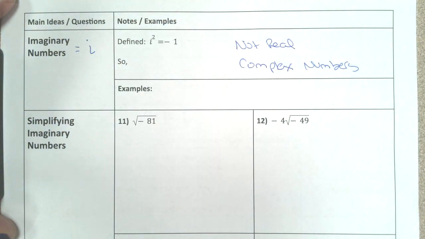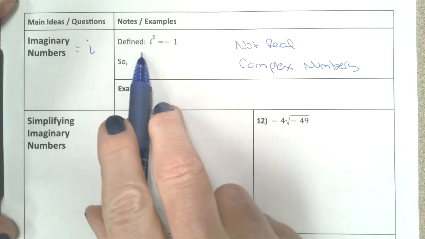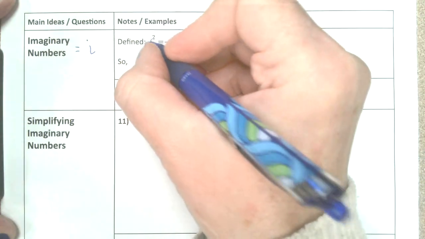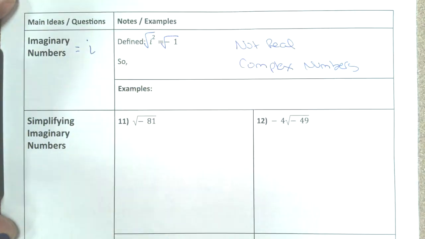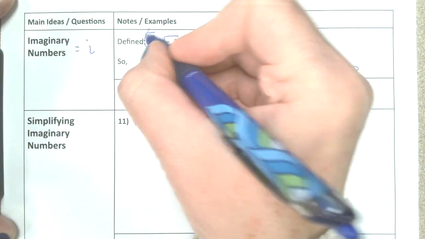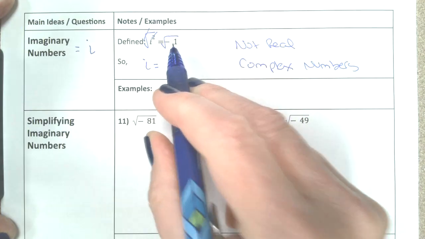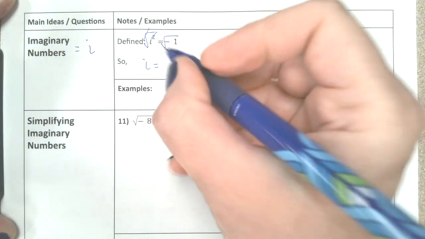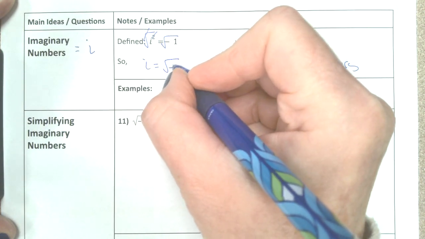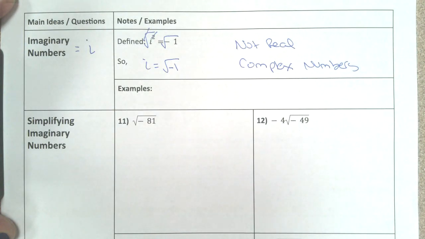The abbreviation for imaginary numbers is i. If you would like to solve for i, I'm going to take the square root of both sides. Radicals and exponents cancel each other out. I can't take the square root of a negative number. So i, by definition, is the square root of -1.